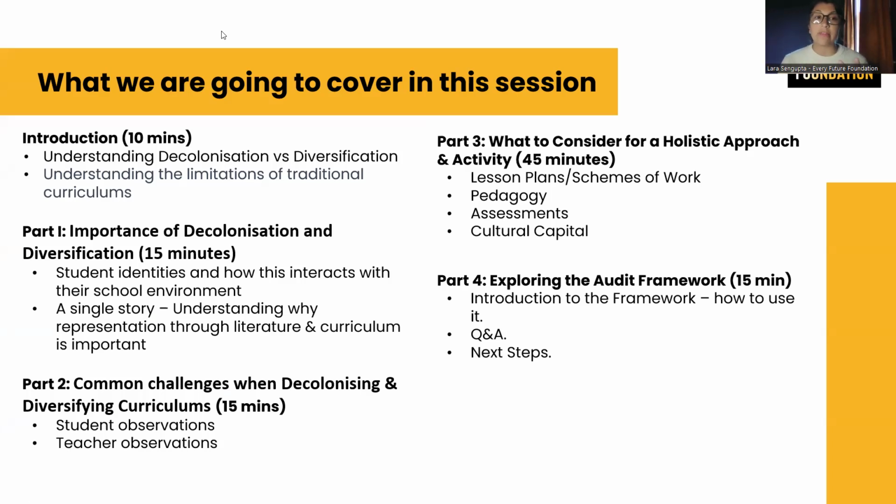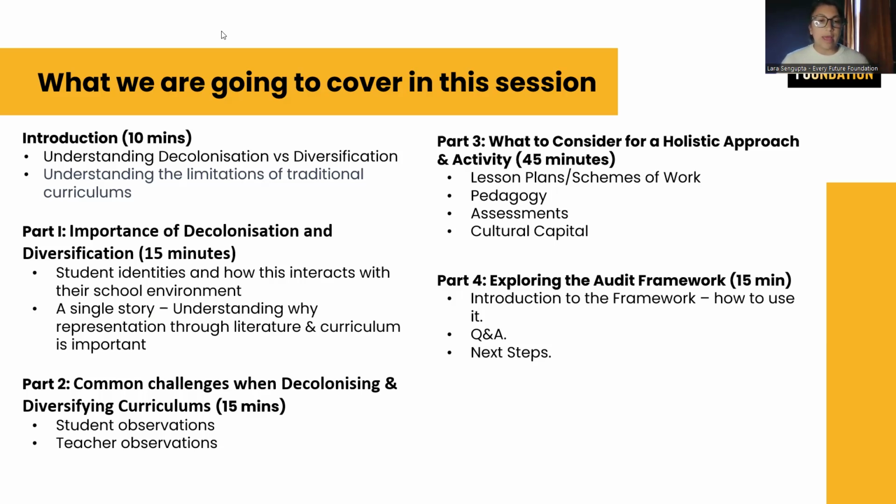And in some areas, there may be that need to create new modules of work that might reflect a specific culture that's present in your classroom, but quite often you can enhance what you already have. The importance of decolonisation and diversification. So what is the importance of young people being able to see themselves reflected in what they're learning, and what could be the dangers if that doesn't happen.